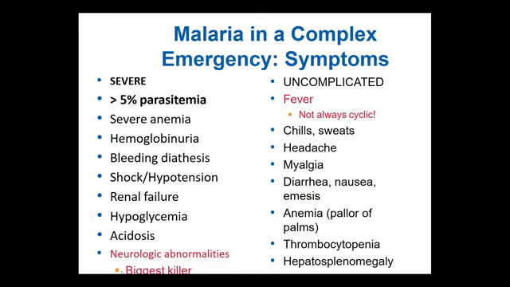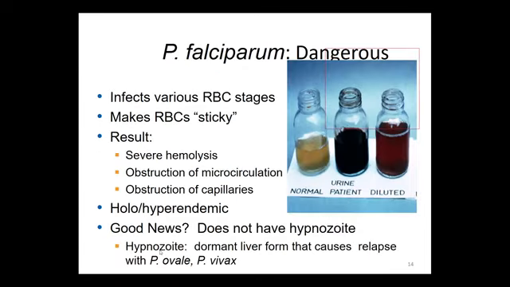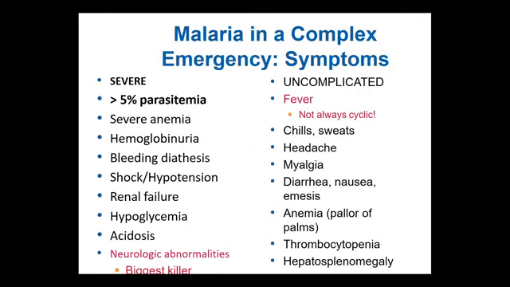In severe forms, more is added. To begin with, parasitemia is more than 5% of the blood, and that's really high. Anemia is severe; it may even need blood transfusion. Hemoglobinuria may be present. Bleeding diathesis, shock, hypotension, renal failure, which as you saw in the previous slide is due to obstruction of microcirculation of capillaries, maybe in the kidneys, and it may lead to renal failure.